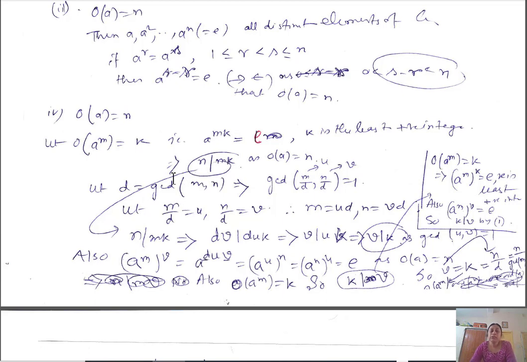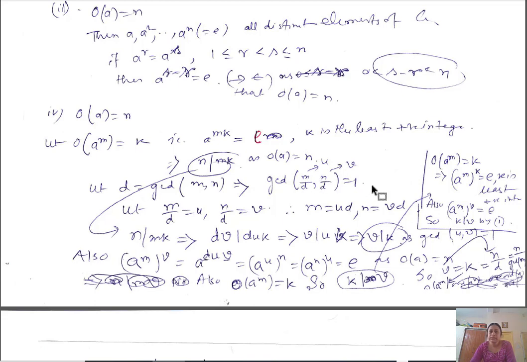Now suppose d is the GCD of m and n. So if d is the GCD of m and n, then GCD of m by d and n by d will be 1. You can prove this, take this as your exercise.